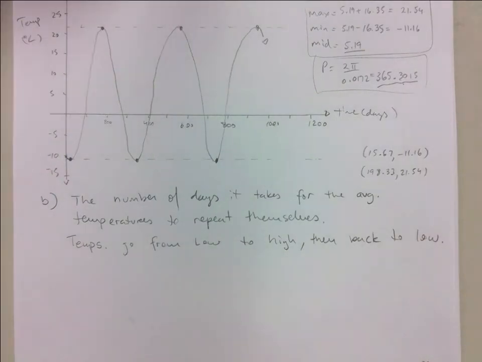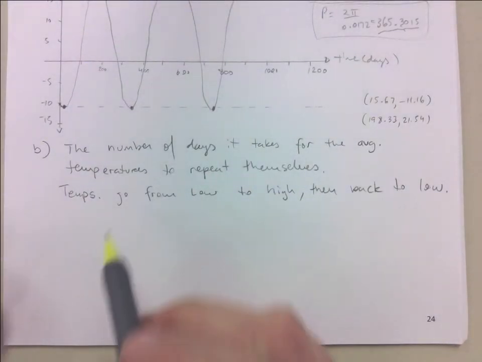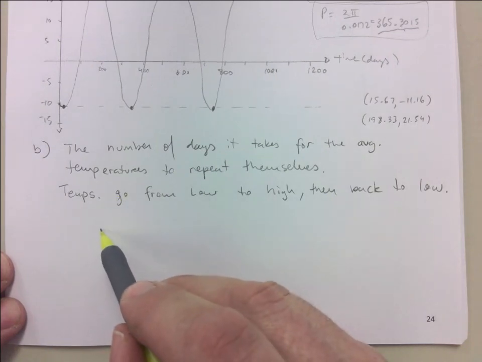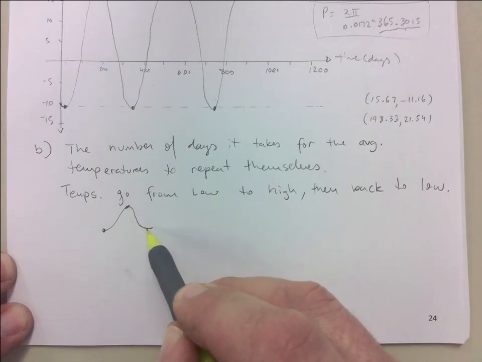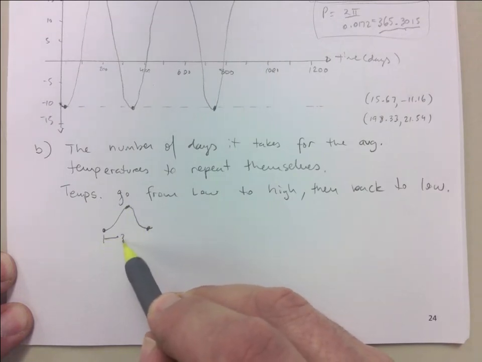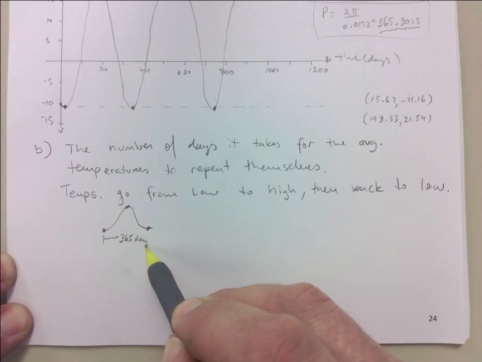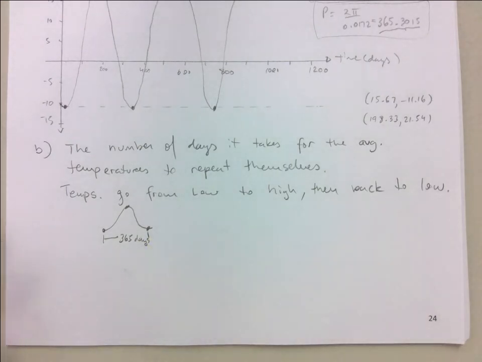Okay? An explanation can also go like this, where you say from here to the highest, back to the low, you say that this is 365 days. Okay? Then you're making sure everybody understands, you've made your point very clear.